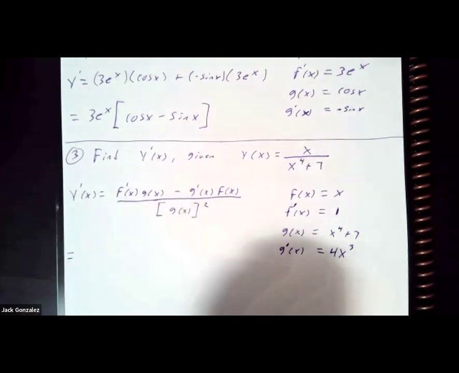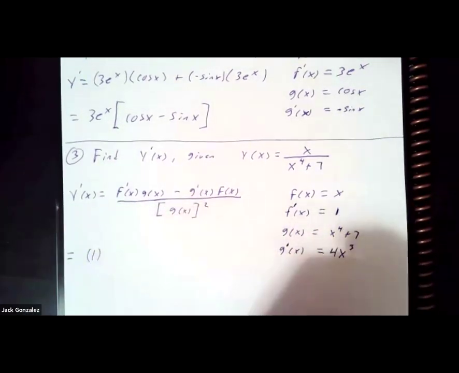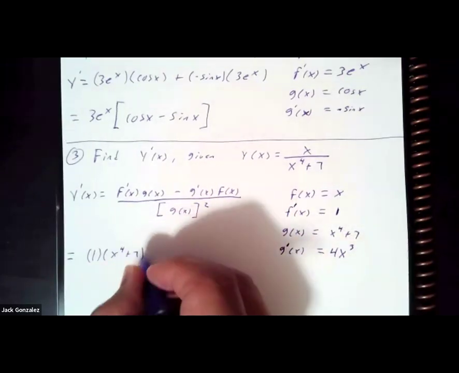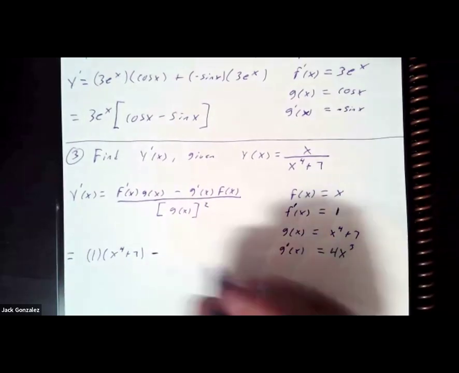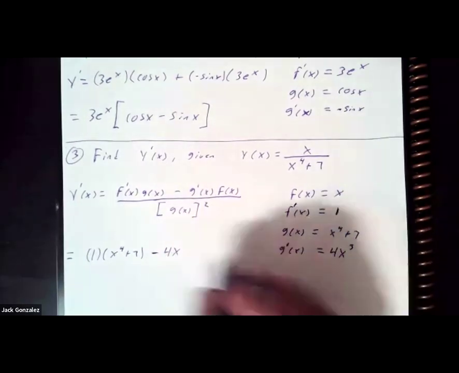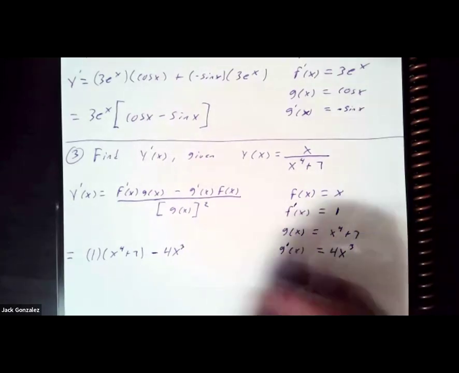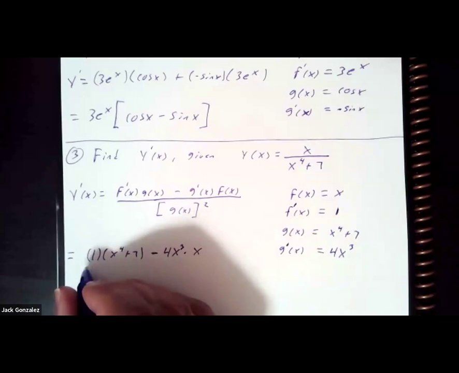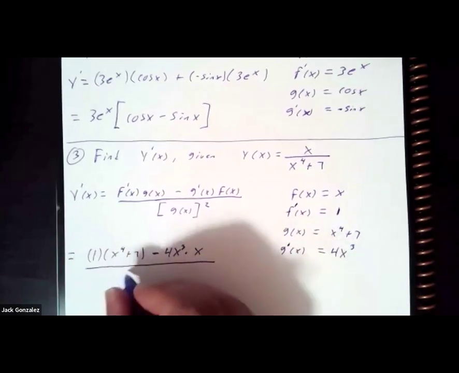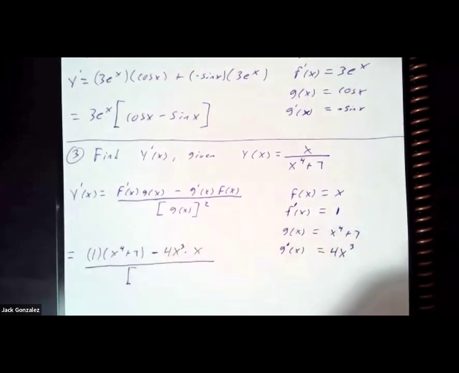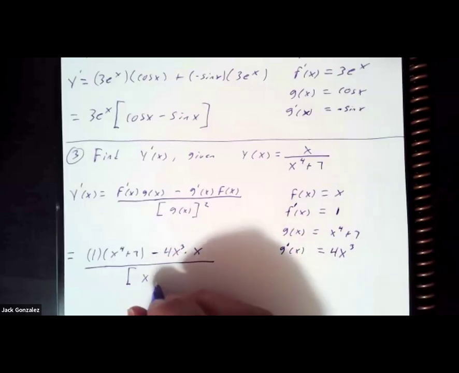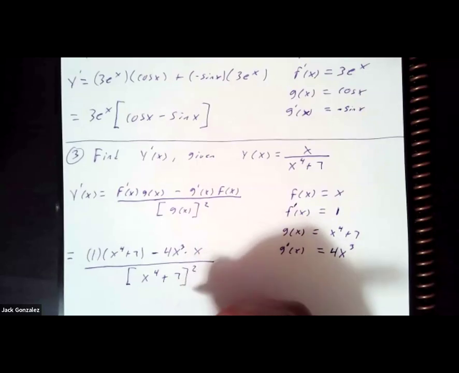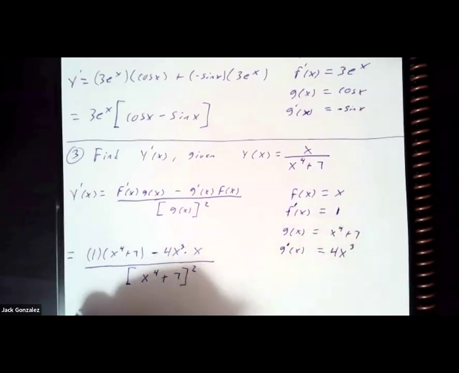We will get 1 times g minus g prime times f over g squared. That's it. Make it a little pretty.